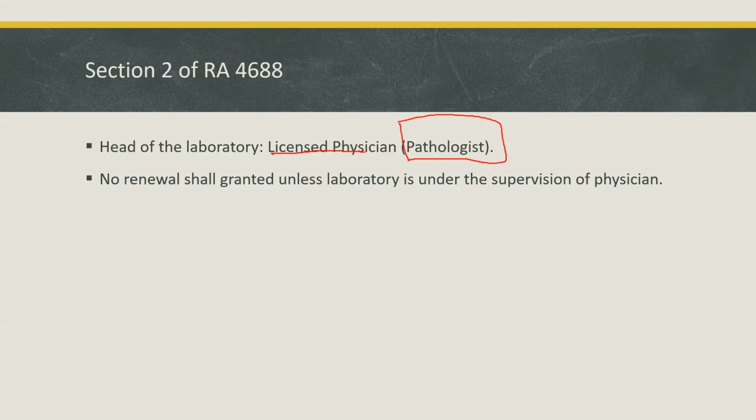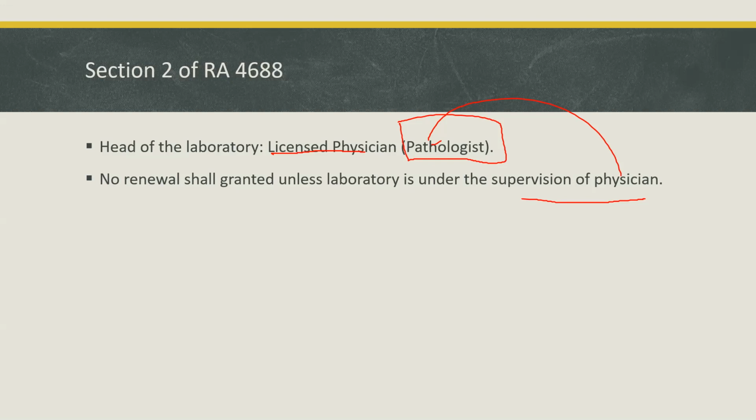Take note that no renewal shall be granted unless the laboratory is under the supervision of a physician, particularly a pathologist. But in one of the AOs of the Department of Health, they allowed physicians other than pathologists to be the head of the laboratory if there are no pathologists available in the area.